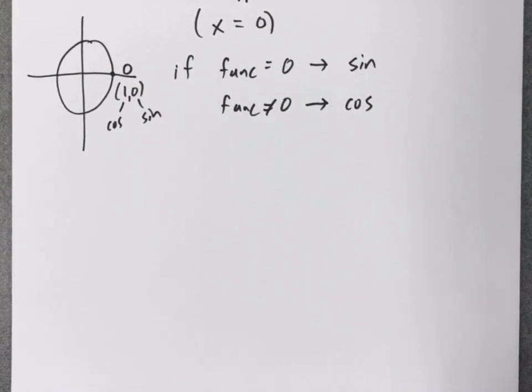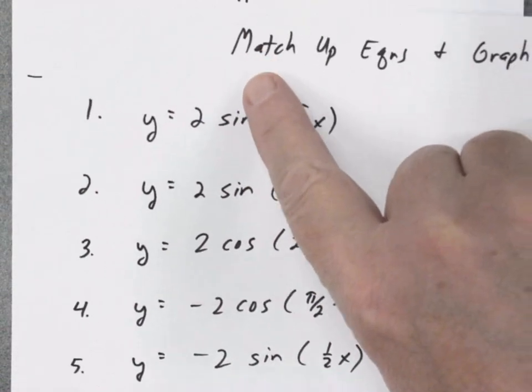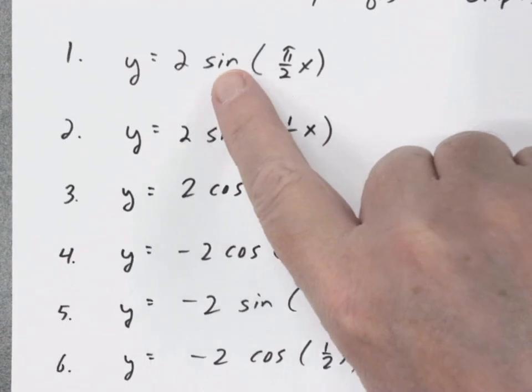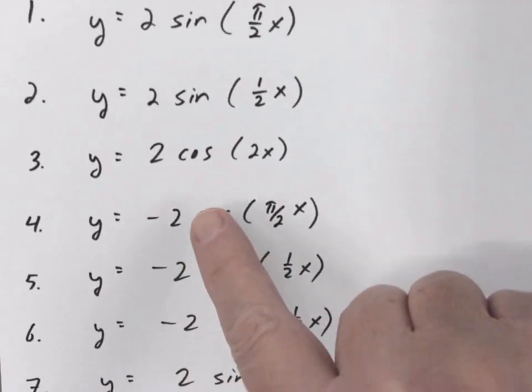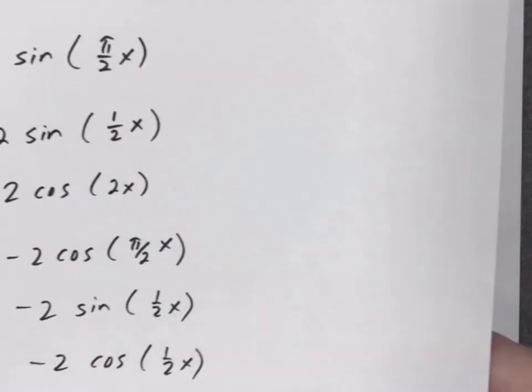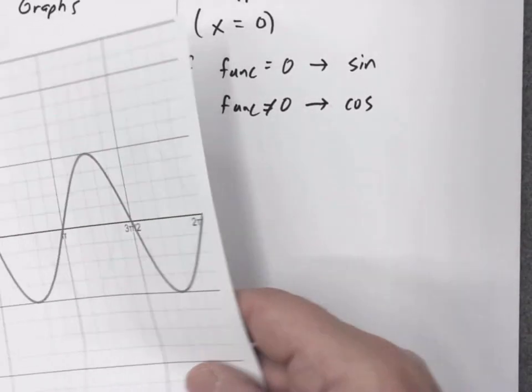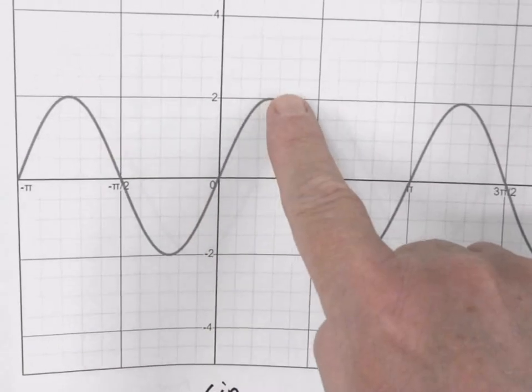Now the next thing I'm going to do is, you notice some of these equations, of course the number in front is going to be the amplitude. So it turns out for all these equations, the amplitude is 2. So when we look at these graphs, you notice they all go from -2 to 2.